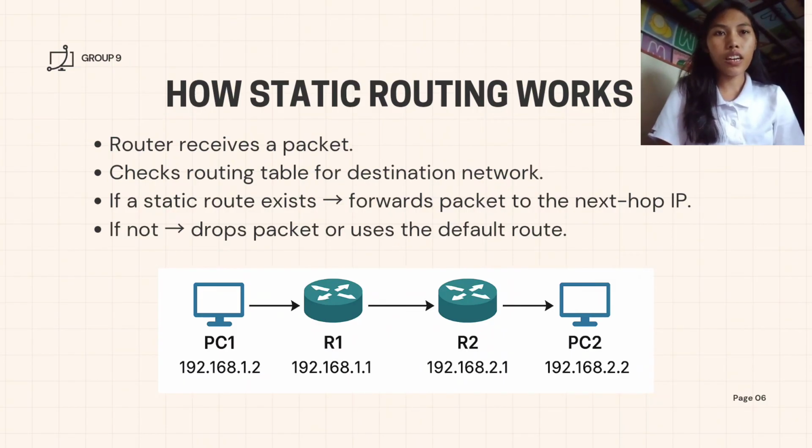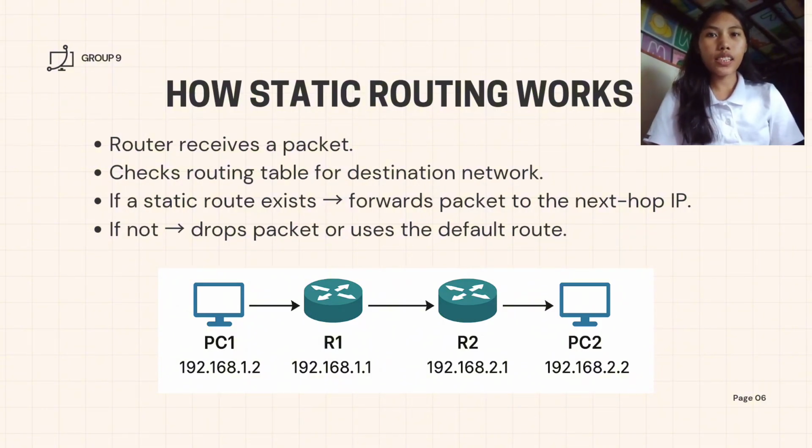The third one is if a static route exists, forward the packet to the next hop IP. A static route is a path manually set by a network administrator. If the router finds a matching static route in its table, it sends the packet to the next hop IP address, which is the next device in the path.